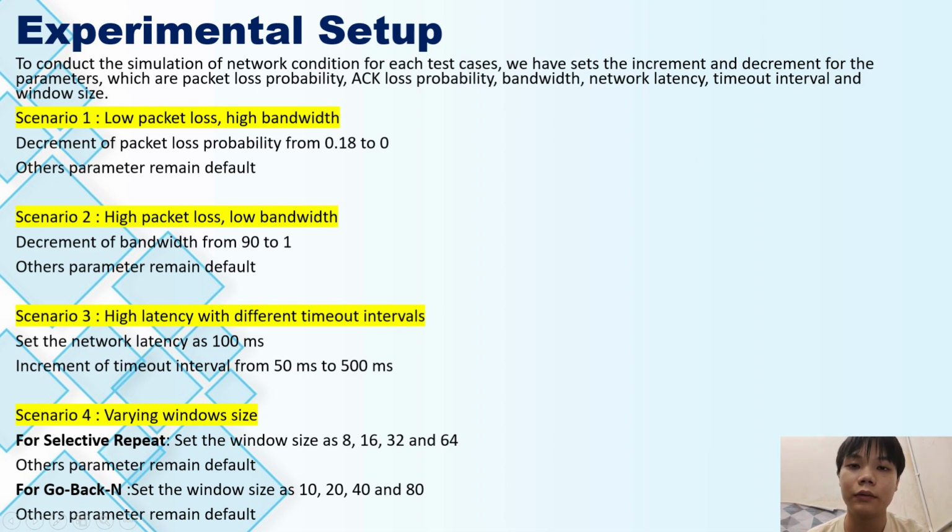For selective repeat ARQ, we have set the window size as 8, 16, 32, and 64. For go back N, we have set the window size as 10, 20, 40, and 80.